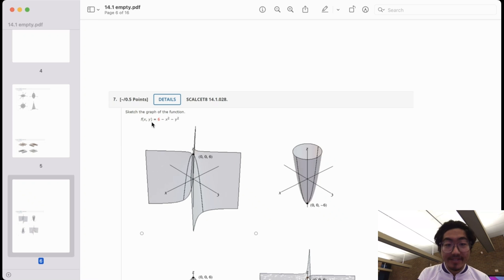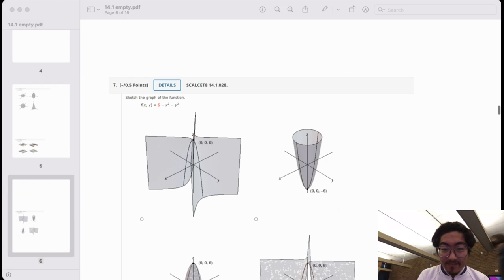So z equals 6 minus x squared minus y squared, and we can get x squared plus y squared plus z equals 6. Based on the setting here, we set y equals z equals 0, x equals z equals 0, x equals y equals 0, just to find the x, y, z intercepts.